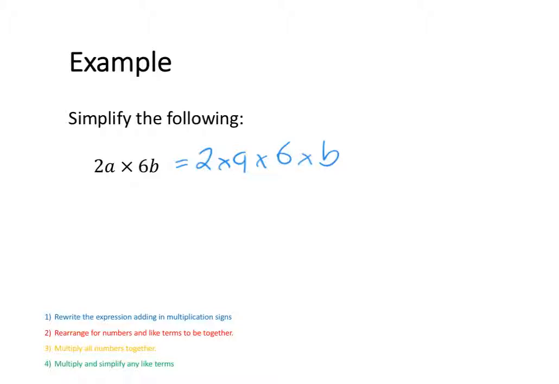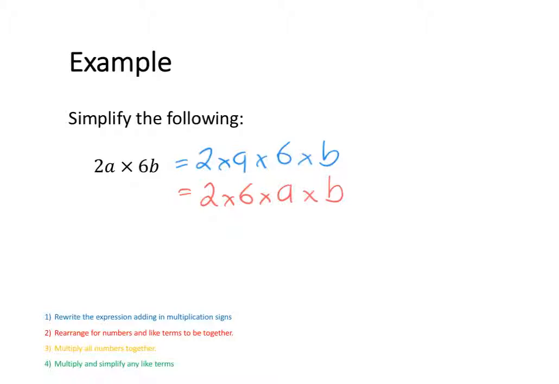So I've got 2 numbers, 2 and 6. So I want to rearrange it and start off by writing 2 times 6. And then I don't have any like terms to group together, so I can just complete the rest of the expression. So that is going to be times a times b.